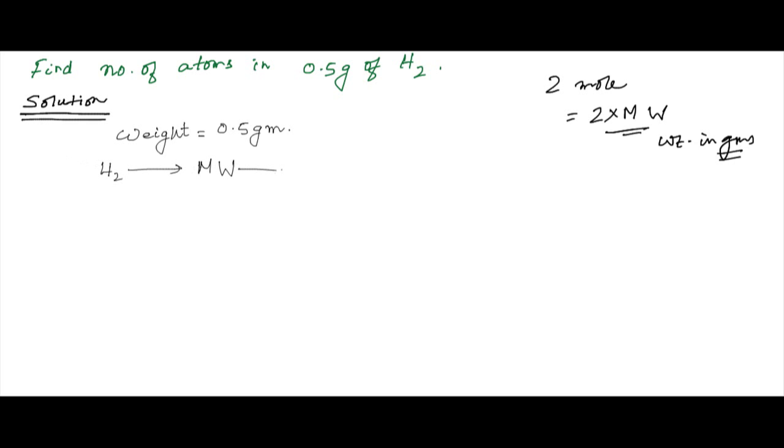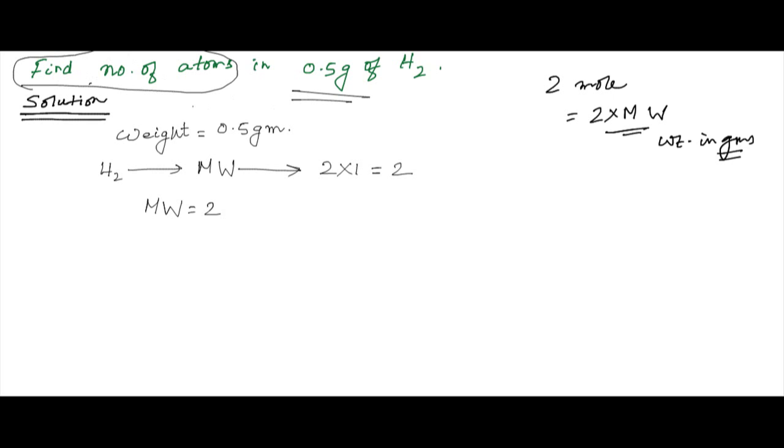What is the molecular weight of H2? 2 into 1 is equal to 2. So MW is equal to 2. Here there is a weight given as 0.5 grams and you have to find out the number of atoms.